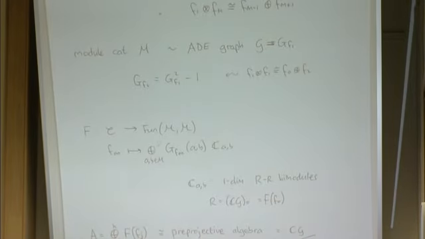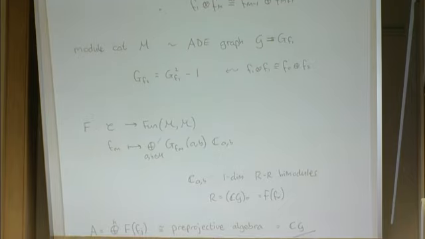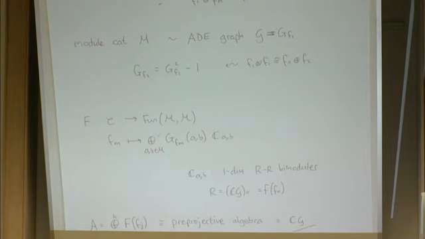Now, the structure of a module category can equivalently be described by this functor F, which Alistair also wrote down. For me, I will think of it as a functor from a modular category C to functors from M to M, and then we just define this.